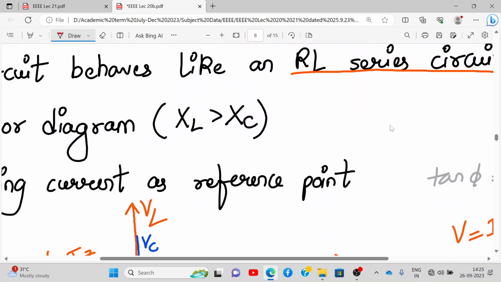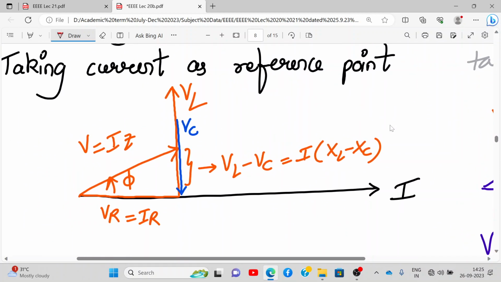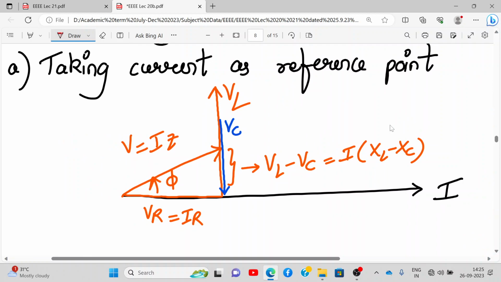So the bigger diagram of this is over here. Please draw it, taking current as the reference. VR is in phase with the current. VL is leading the current by 90 degrees. VC is lagging the current by 90 degrees.